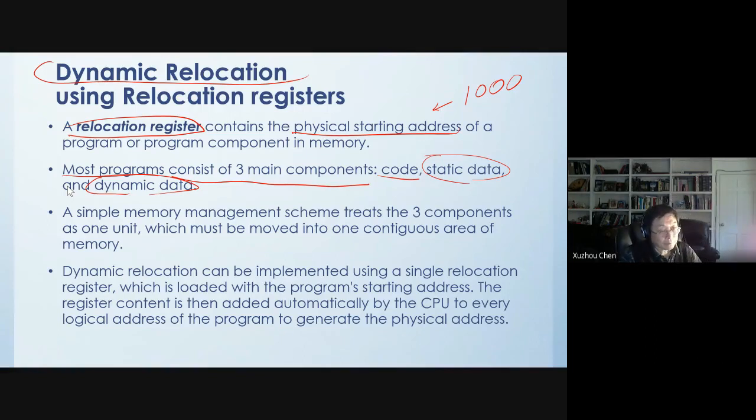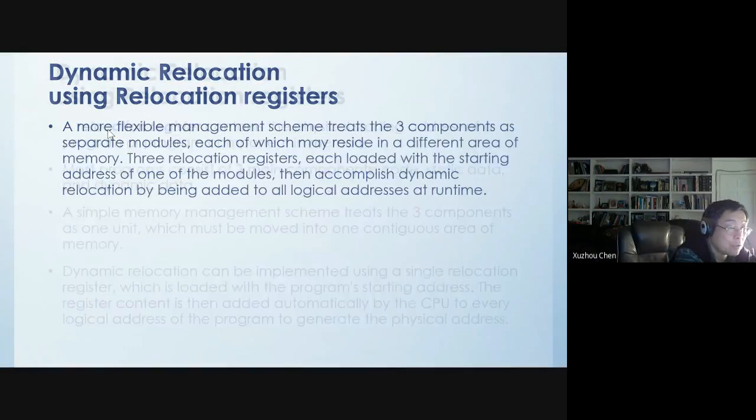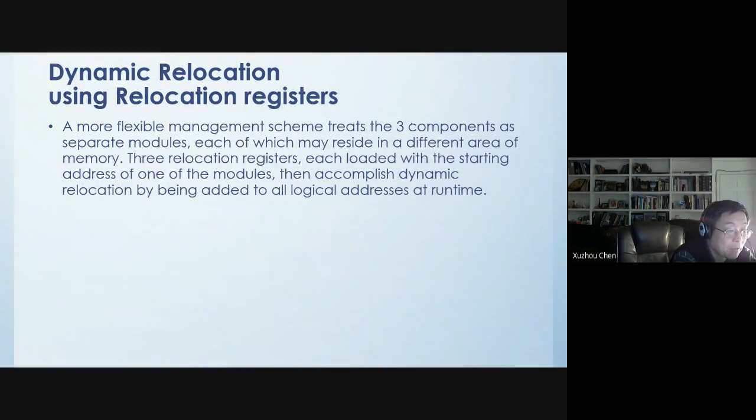So there are two dynamic relocation approaches. One is you treat all three components as one unit and use only one dynamic relocation register. The other approach is you use three relocation registers: one for the code, the program, one for the static data, and one for the dynamic data.